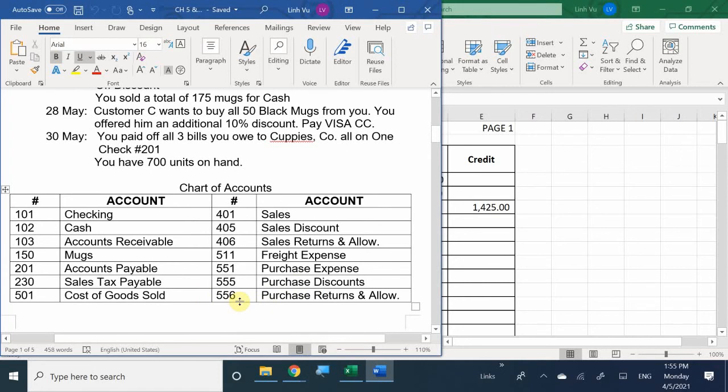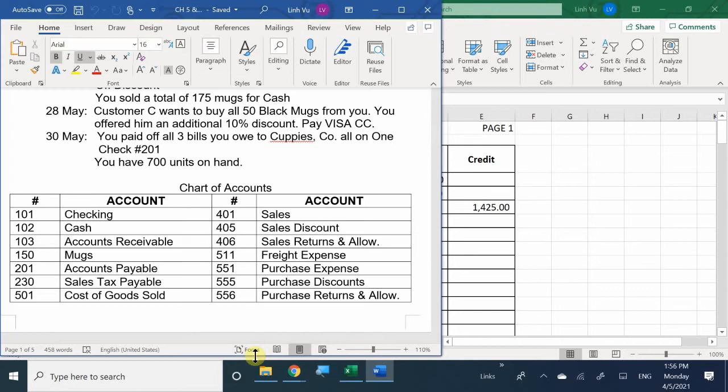Now, how did we pay Cuppies Co? Under credit. Correct. So in this case, how are we going to get back the money that we owe? We got a full refund, right? So how did we pay Cuppies Co in the first place? Would it be a purchase discount? It's not a purchase discount because we didn't get a discount. We placed it on account.